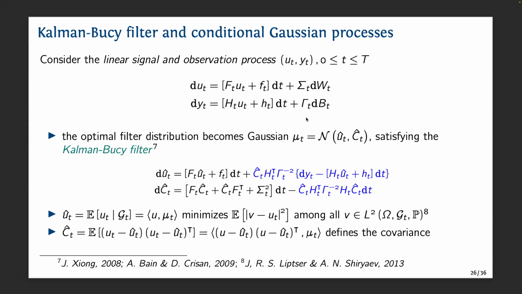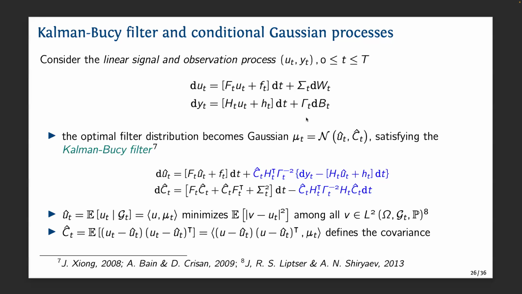It can be shown in the linear setup that this U hat is the optimal estimate, in the sense that it belongs to G, the observation set. So it's a G-measurable, square integrable process, and among all these processes, U hat is the minimizer. So in this sense, it's the optimal unbiased estimation.